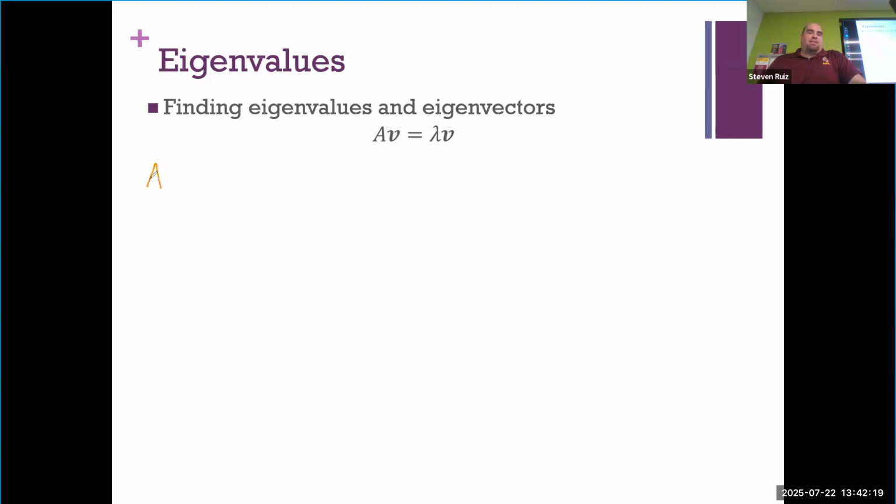So the first way I'll rewrite this is: AV minus lambda V equals the zero vector. I would like to factor out a V from this left-hand side, but I have to be careful about it.